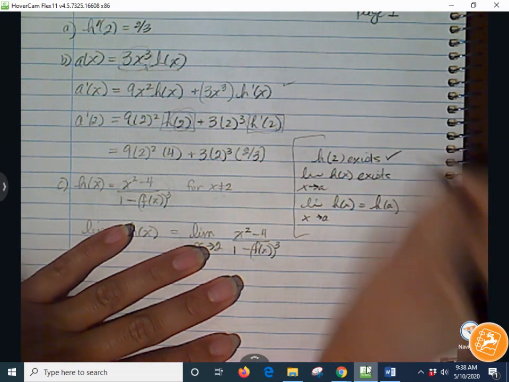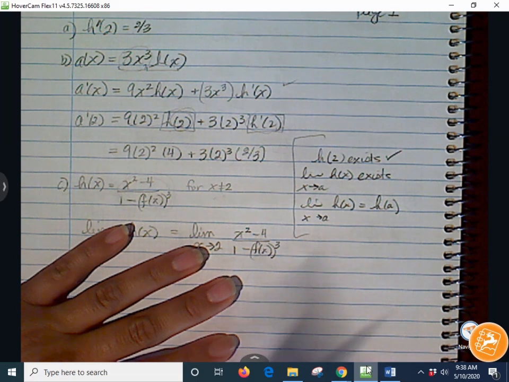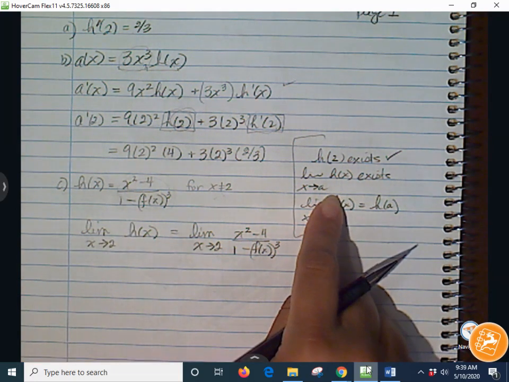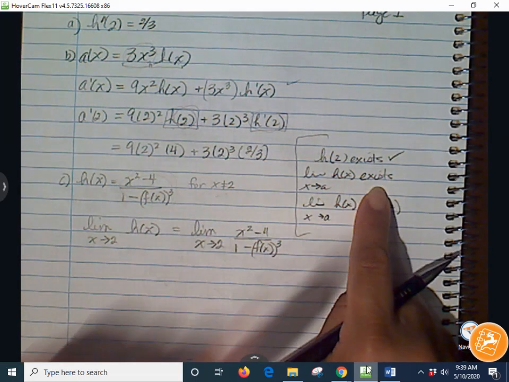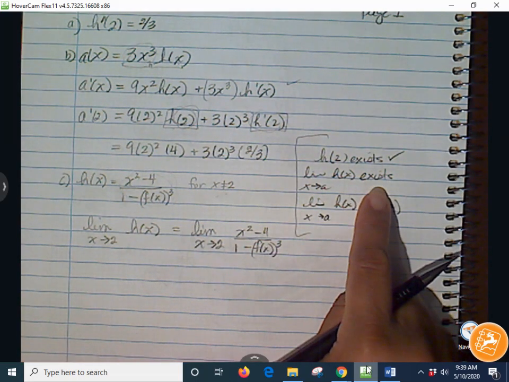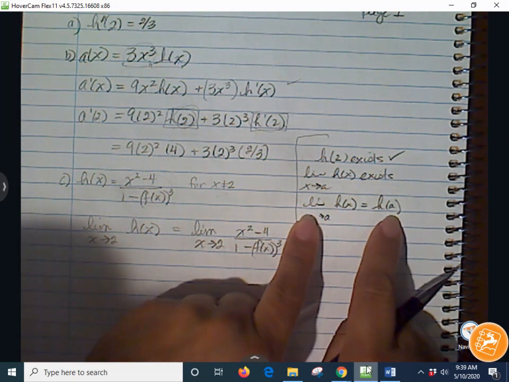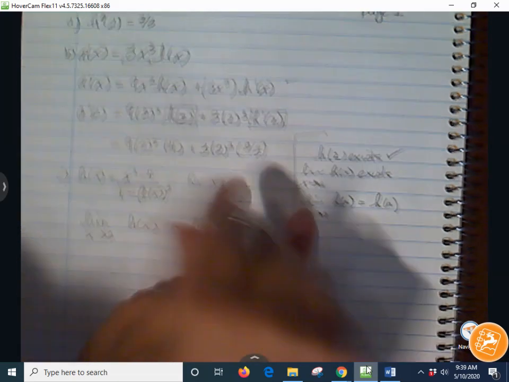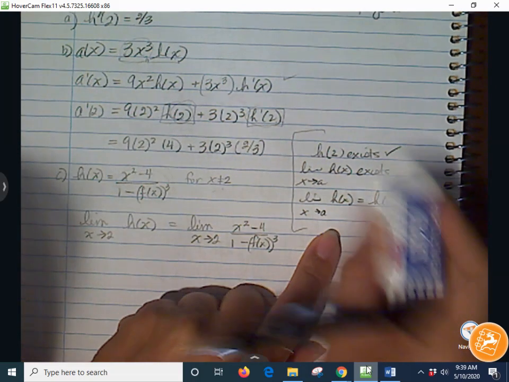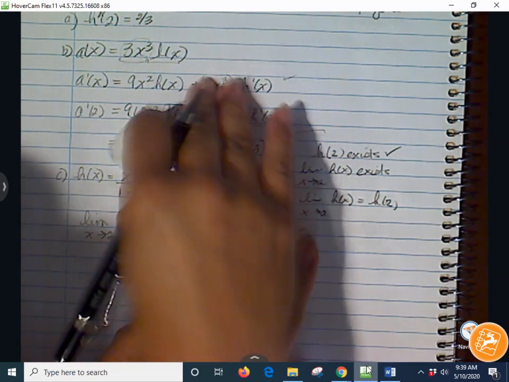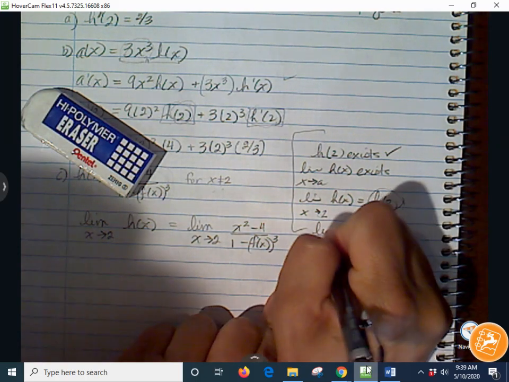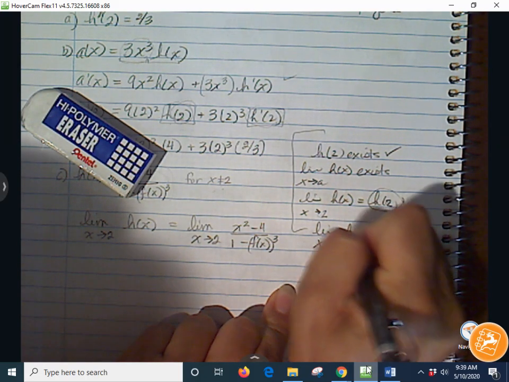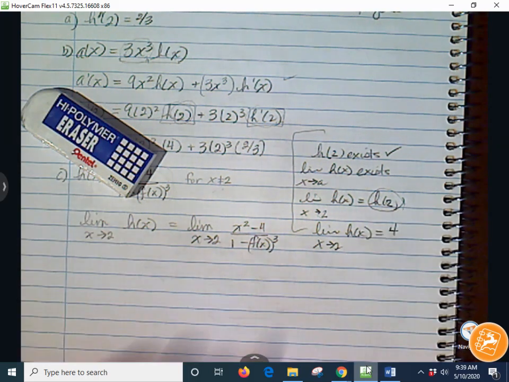So we do know that if I replaced this with 2, it exists because it's given. And they did say that we can evaluate it, and not only that, it must exist because since it's differentiable, it must be continuous. So then if it's continuous, that means this is equal to this, which we know that limit as x goes to 2 of h of x is equal to 4.